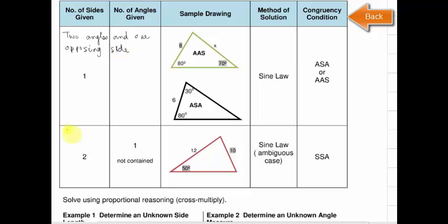And the second situation is when you are given two sides and one opposing angle. Okay, and I'm going to use congruency conditions to show that.